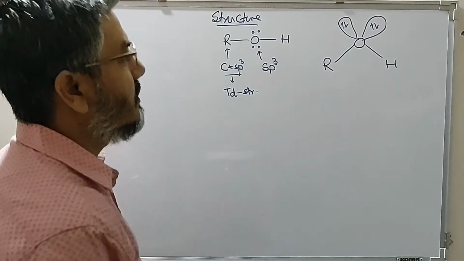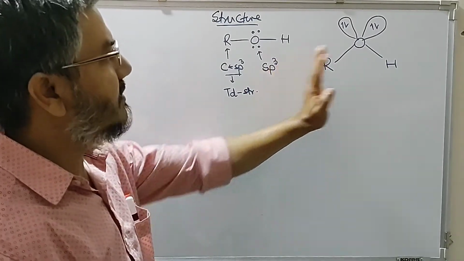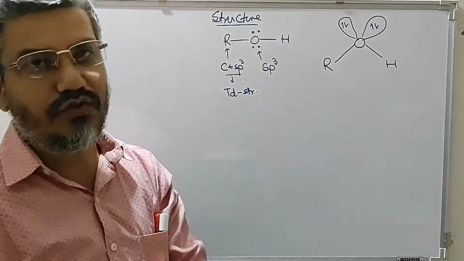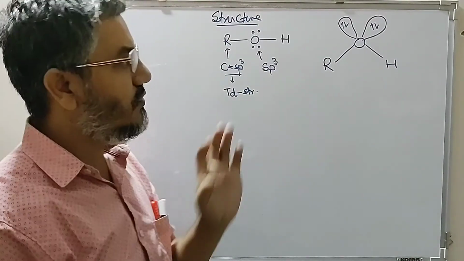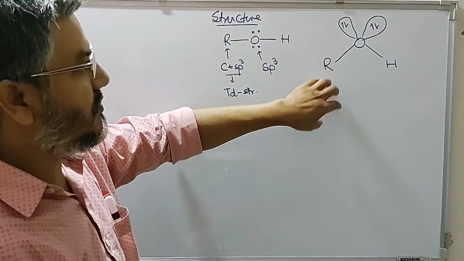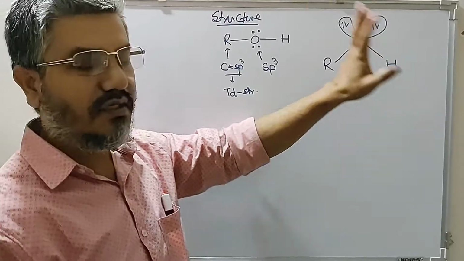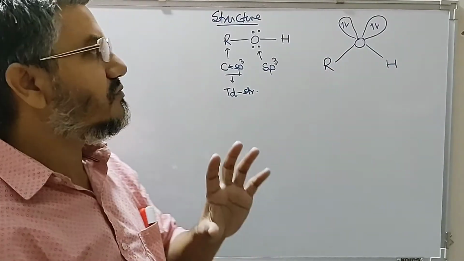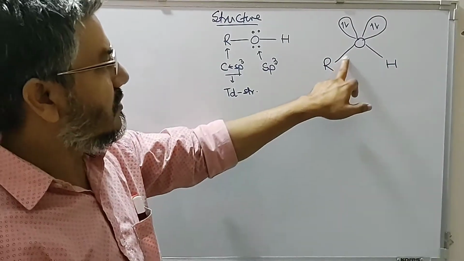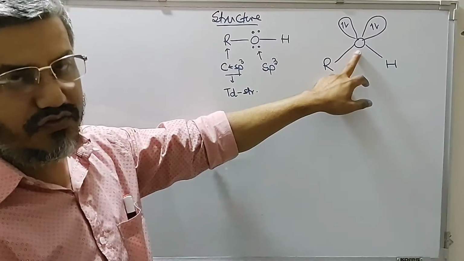Now look at this. In sp3 hybridized oxygen, we have 4 hybrid orbitals. Out of these 4 hybrid orbitals, 2 hybrid orbitals are involved in formation of bond, that is carbon oxygen bond and oxygen hydrogen bond. So this bond is formed by sp3 of carbon and sp3 of oxygen.